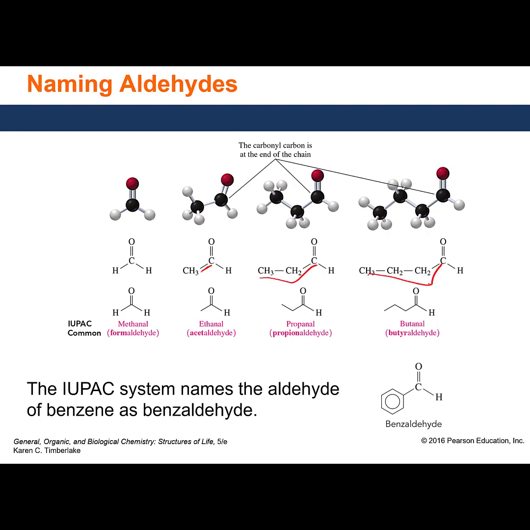Butanal has 4. And notice that I'm including the carbon that's attached to the oxygen double bond. So that counts as one of the carbons in my backbone. So here butanal has 1, 2, 3, 4 carbons.